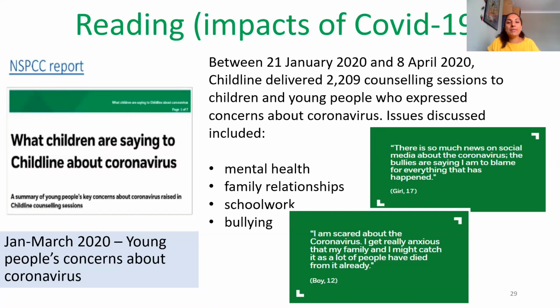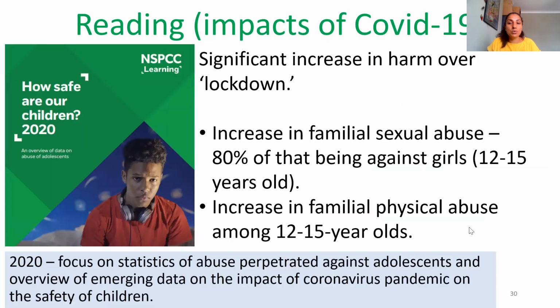So if you want to know more about the impacts of COVID-19 and lockdown, please do have a read of this report by NSPCC. You might also want to have a read of this document here, How Safe Are Our Children in 2020? It's interesting to read through some of the impacts on safeguarding issues due to COVID and lockdown.